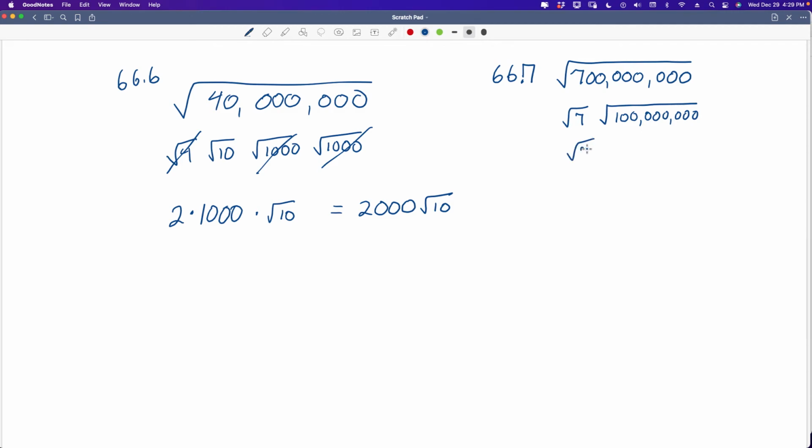So that's the square root of 7 times the square root of 10,000 times the square root of 10,000, with 4 zeros each. So those two cancel each other out to get 10,000. And then you still have the square root of 7 left over. And that's your answer.